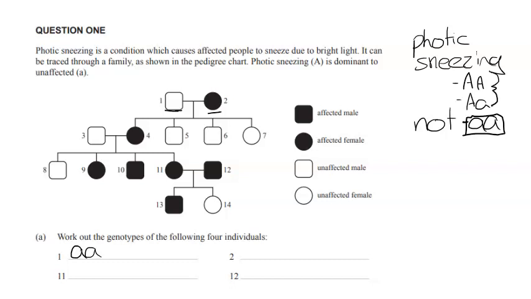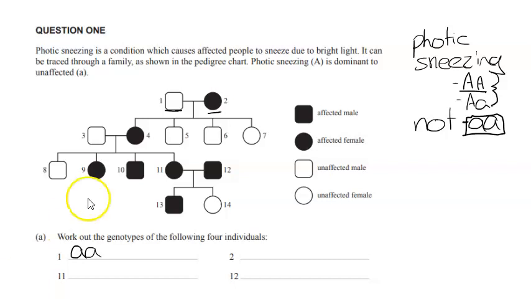And the only way that we can find out is that if you think of our last video, where we were doing the pure breeding part of it, if this individual number 2 had capital A, capital A, that would mean that there would be a dominant allele passed on to every single one of their offspring. And that would mean that each of their offspring would be photic sneezers.